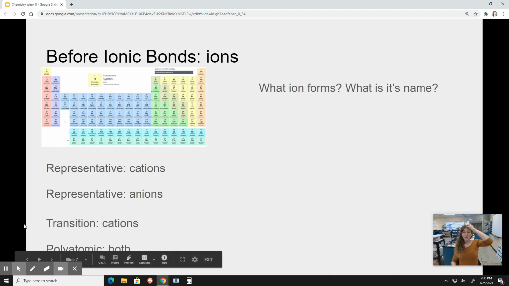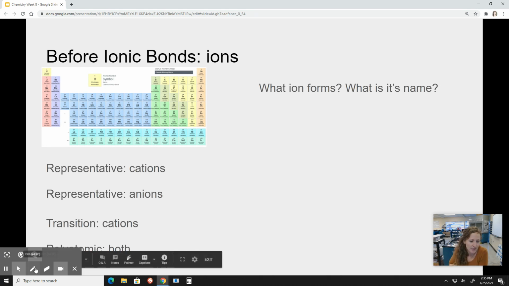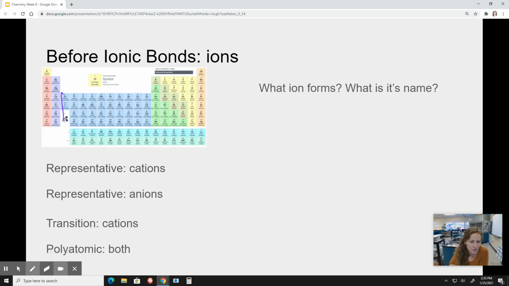Okay, so now we get to the transition cations. These mostly come from the transition metals. Now the transition metals are here in the D block. However, they're going to form patterns of ion forming and naming that are different than the representatives.